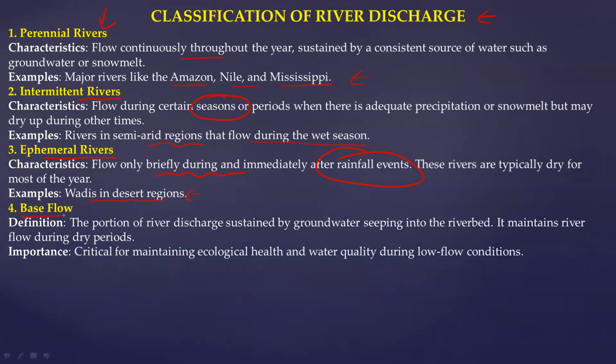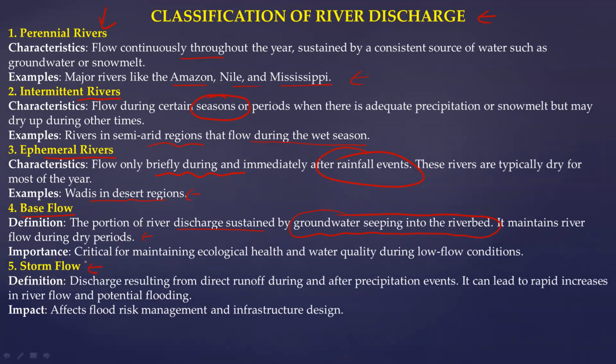Then look into the base flow, the portion of river discharge sustained by groundwater seeping into the riverbed. It maintains river flow during dry periods. So this is very important. And remember storm flow. We talked about this in the hydrograph. Storm flow is because of the runoff during precipitation events. So high runoff leads to high potential flows and potential flooding.